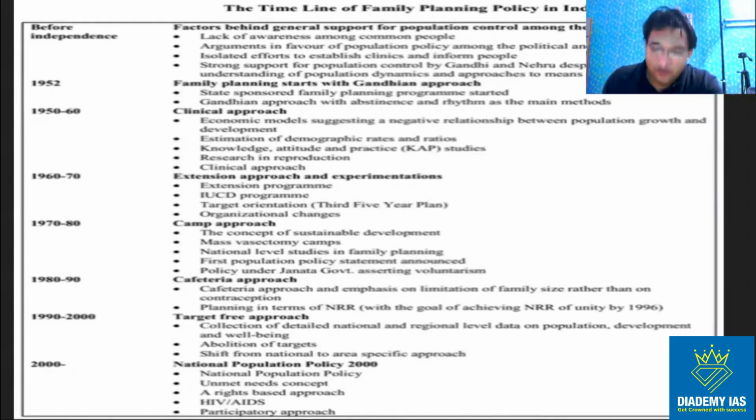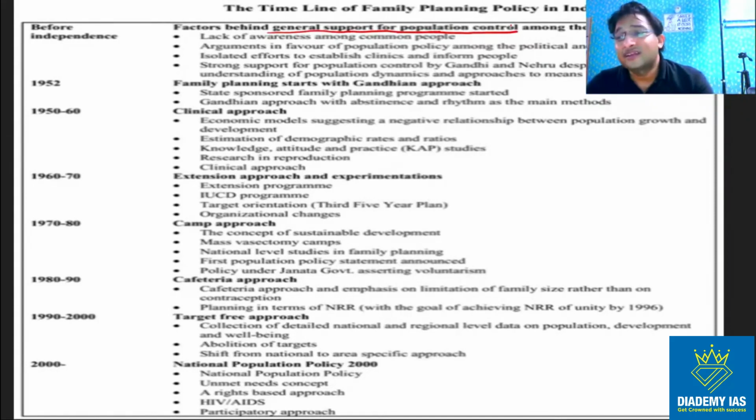Okay. So before the independence, why was there general support for population control? Even during the national movement, we already decided that we will increase the awareness about the adverse impact of the population. So freedom fighters were clear that immediately after the independence, there will be a big problem of population growth. Okay.